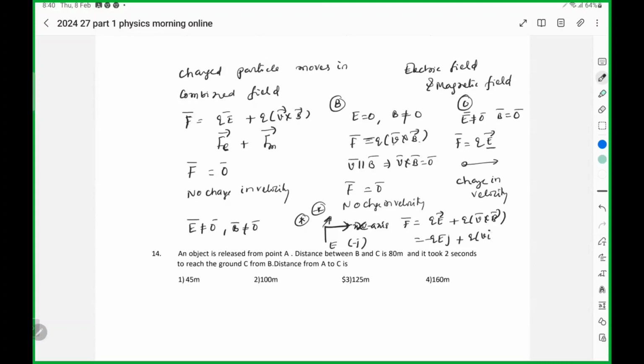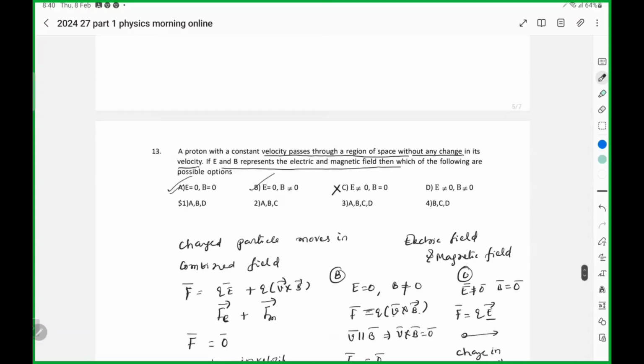V means the particle is moving in the I direction, and the magnetic field is in minus K. QVB, I cross minus K, will be plus J. In case QE happens to be QVB, the net force will be 0. Then there is no change in velocity. So even if both are not 0, there is a possibility that the particle is not affected by both the fields. So the first option is correct.